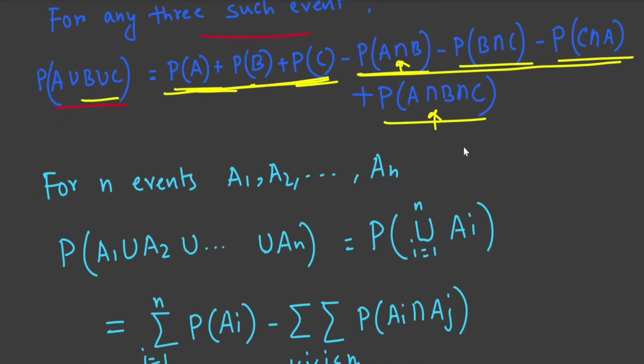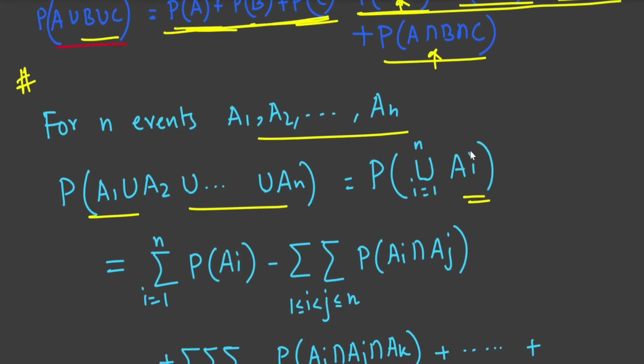Now we extend this for n events. For n events A1, A2, ..., An, we write the addition theorem: probability of A1 union A2 union ... union An, which is the probability of union of i equal to 1 to n of Ai. We write the first single term with positive sign, summation i equal to 1 to n probability of Ai.